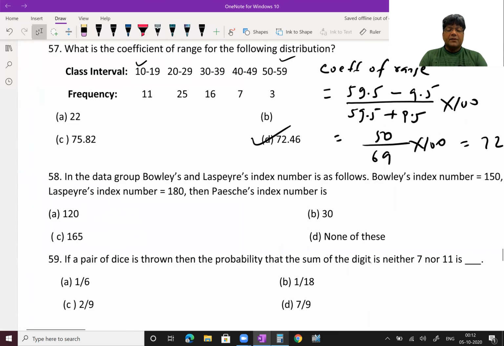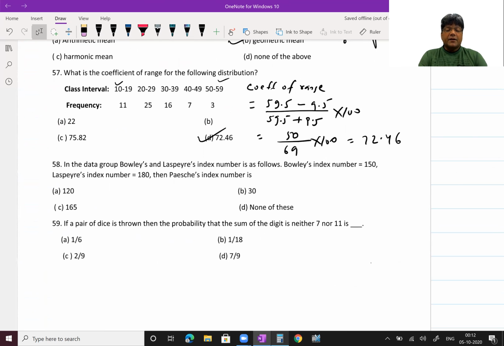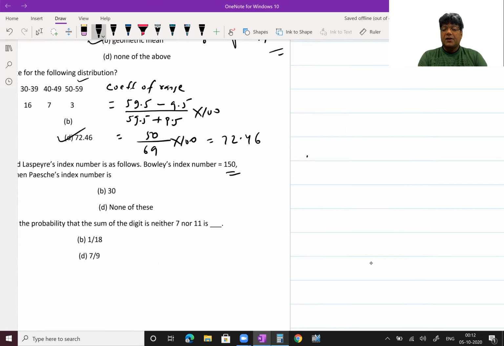Question number 58, guys. In the data group, Bowley's and Laspeyres' index numbers are as follows: Bowley's 150, Laspeyres' 180, then Paasche's? Guys, what is the formula of Bowley's? Bowley's, that is 150, is equal to half of La plus Pa.